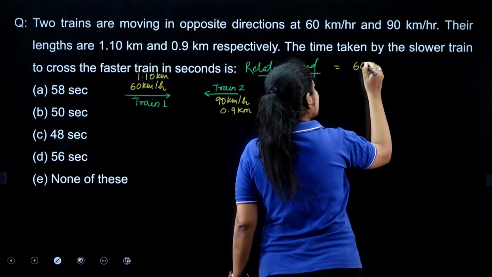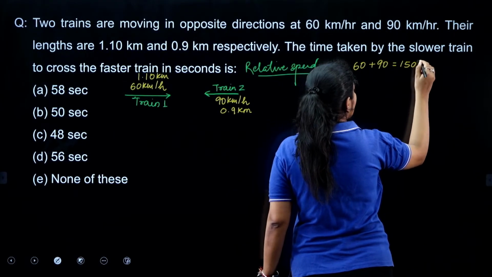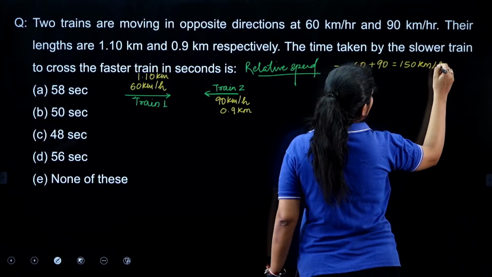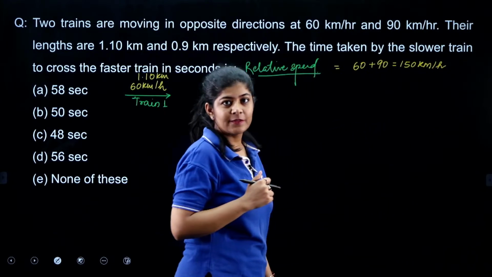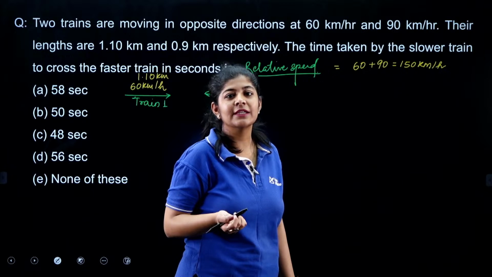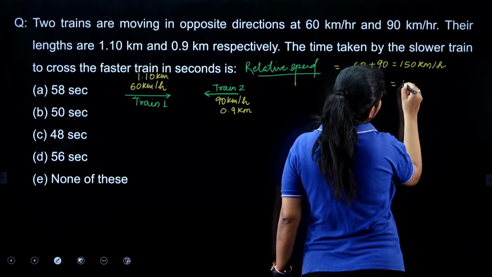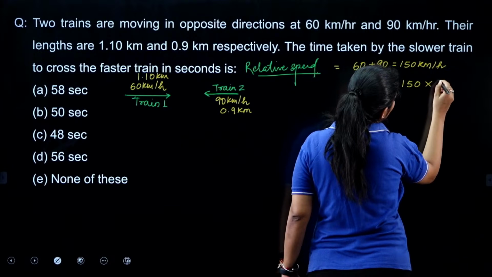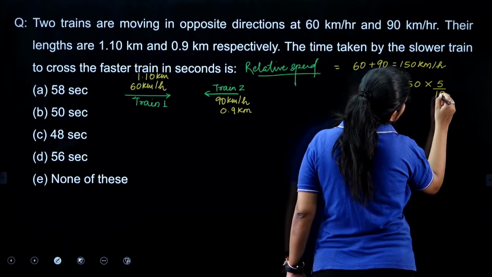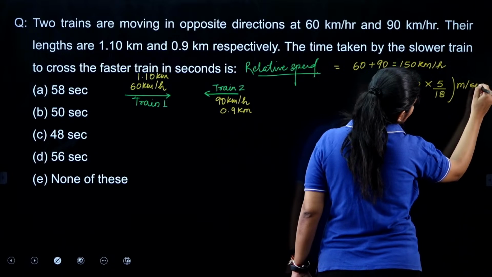So 60 plus 90 is 150. 150 kilometers per hour is my relative speed now. So I'll convert it into meters per second. Here 150 into 5 by 18, and this is my speed in meters per second.